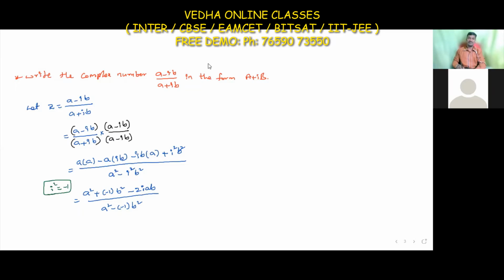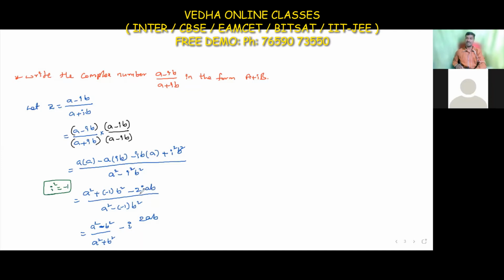So now after this, a square minus b square divided by, in the denominator, observe carefully, a square plus b square. I am writing a square plus b square separately for the real part, minus i into 2ab.